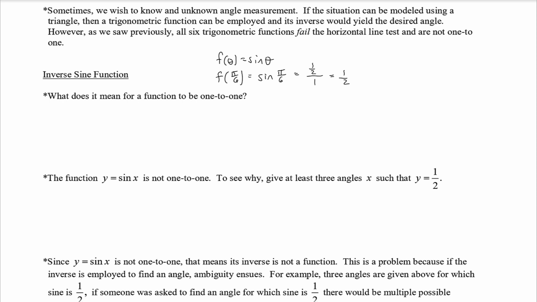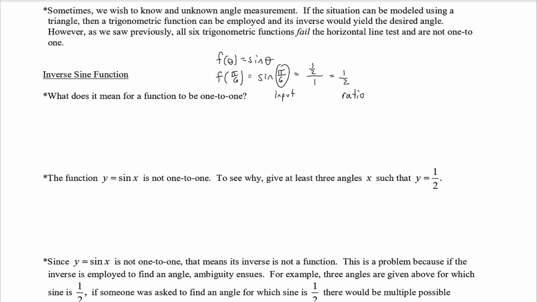What's important here is that the input we thought of as an angle, and the output was a ratio. Now we want to investigate what would happen if we changed places for the input and output. That's what an inverse is, right? If theta is the input, that'll now become the output.